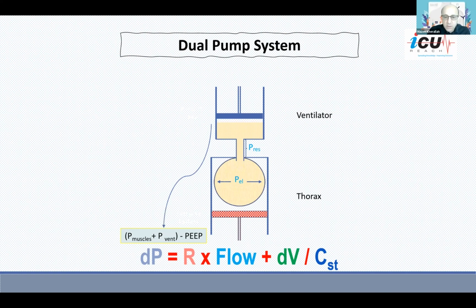So with this, you need to look at the ventilator pressure and the patient pressure. And this is actually where we have the synchronization or the dyssynchrony between what the patient is doing and what the machine is doing for the patient.